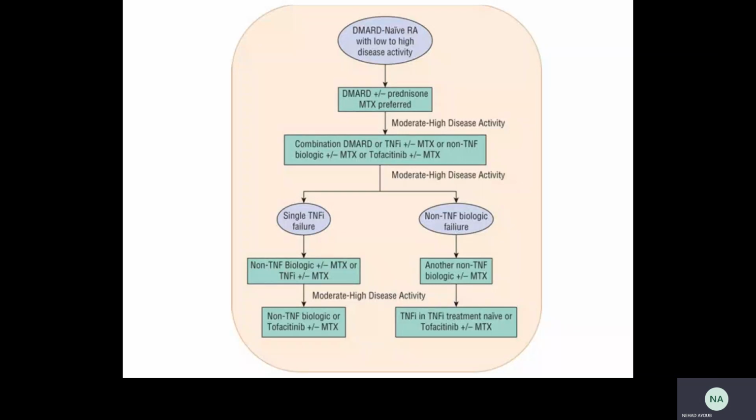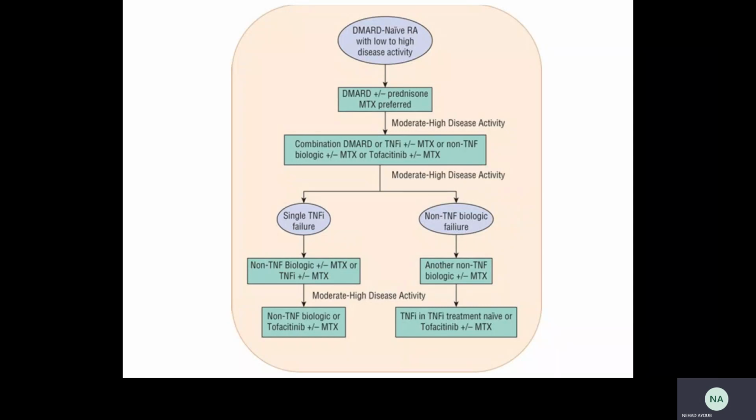So if the assessment is mild, low RA disease activity, then the best option to start with, for a DMARD-naive patient who has not been exposed to DMARDs before, is always a non-biologic DMARD.